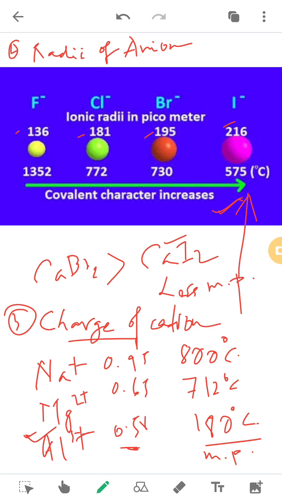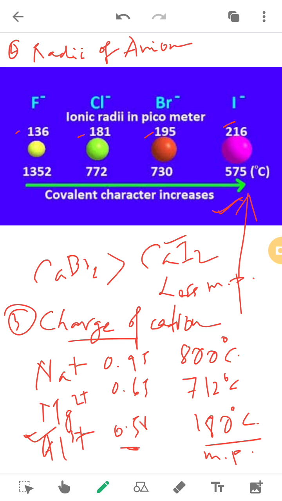But it is the reverse in the case of the anion. Less tightly held electrons of the outermost shell give better deformation, which is nothing but covalent character. So the anion is getting deformed, and the cation is actually performing the deformation. Okay, so you have to understand that.